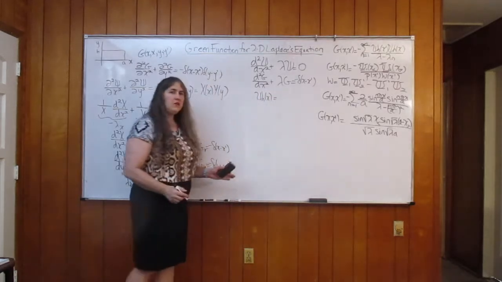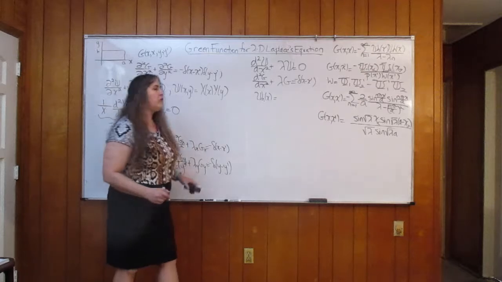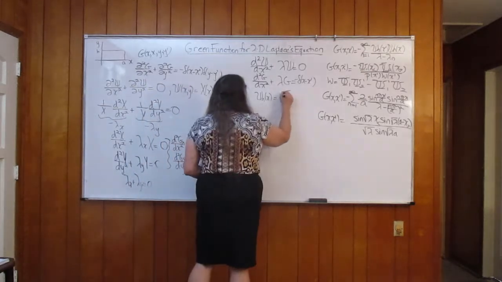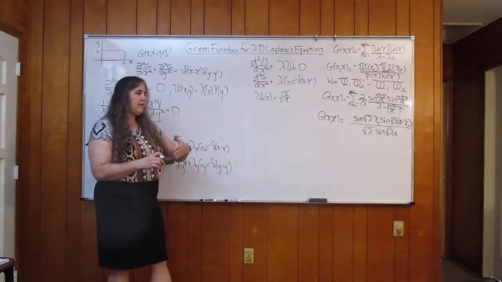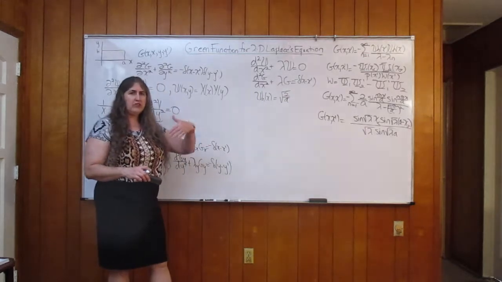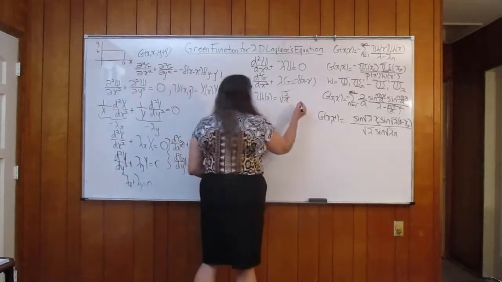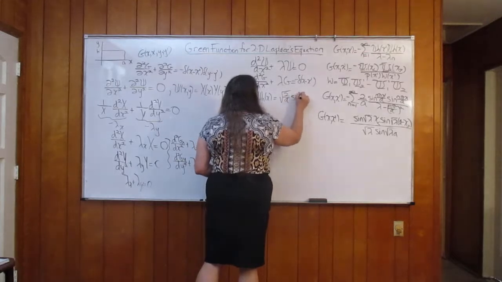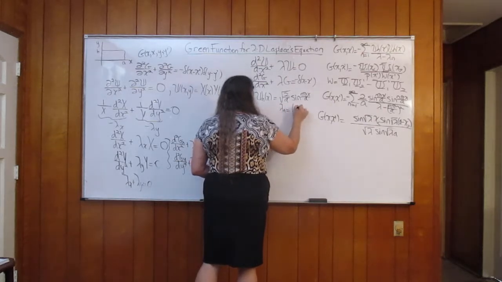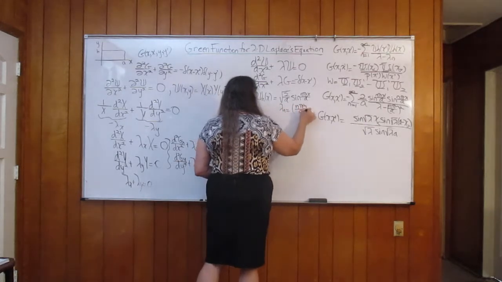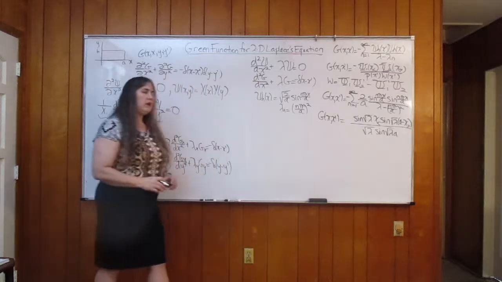We've already determined the eigenfunction for the one-dimensional solution, for a problem where x went from 0 to a, that's equal to square root of 2 over a sine n pi x over a, and the corresponding eigenvalue is equal to n pi over a quantity squared.